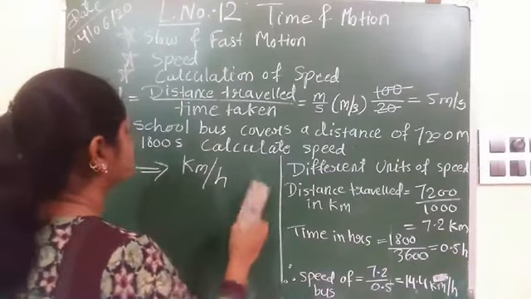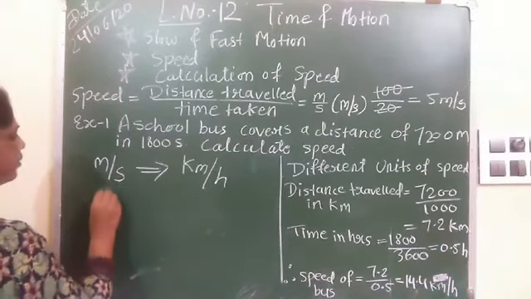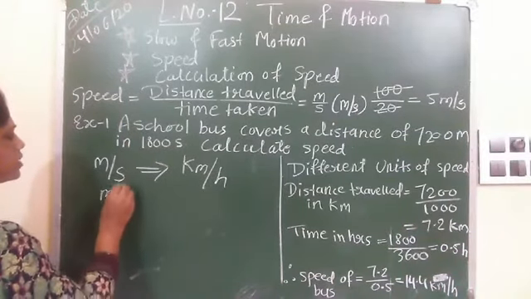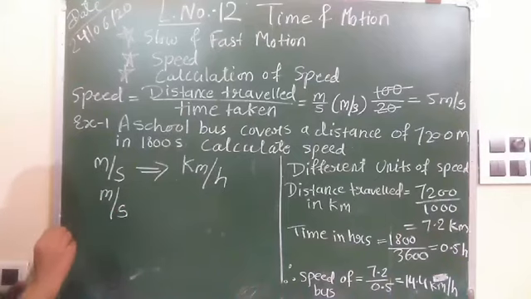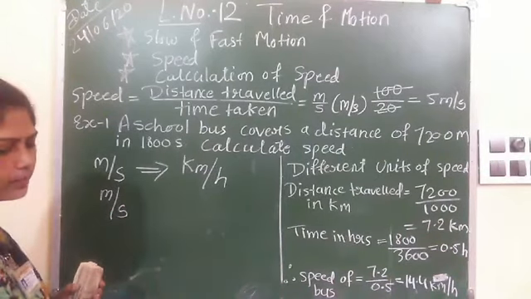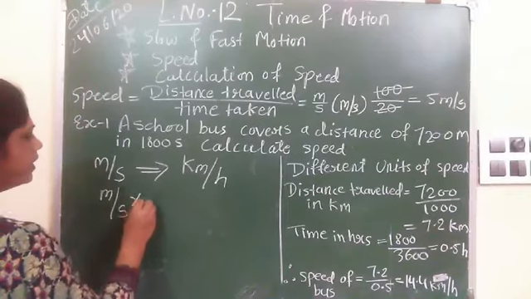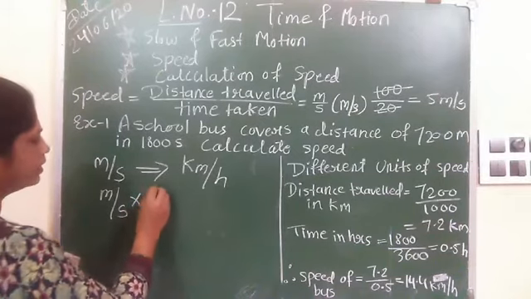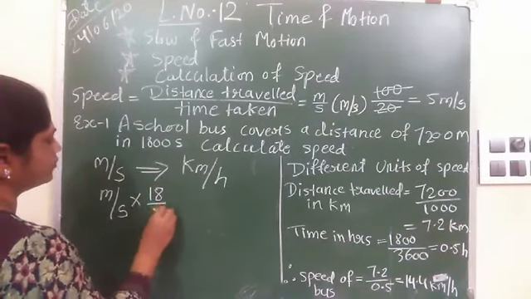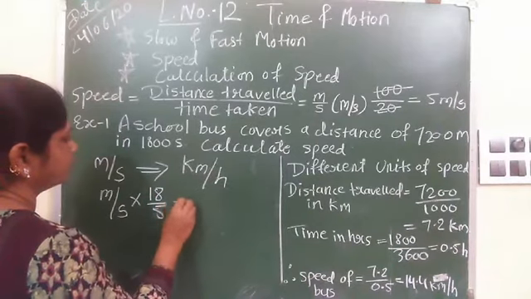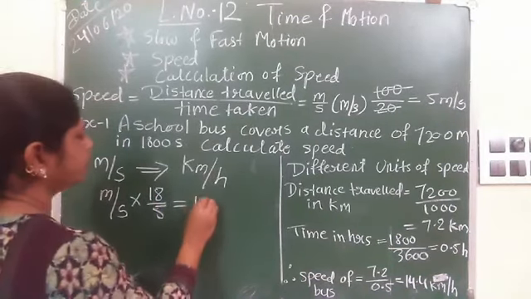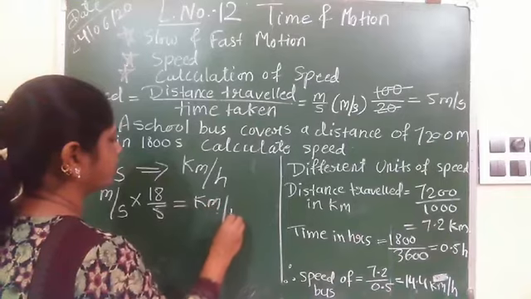How? See here. If the speed is given in meter per second, then multiply it with 18 by 5. The answer will come in kilometer per hour.